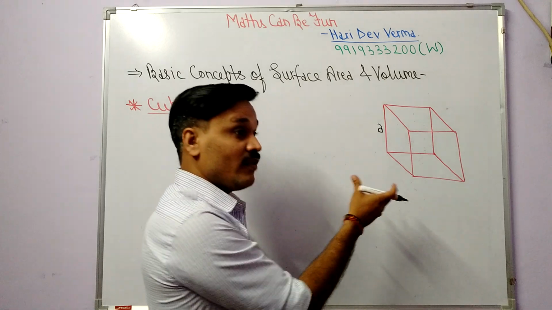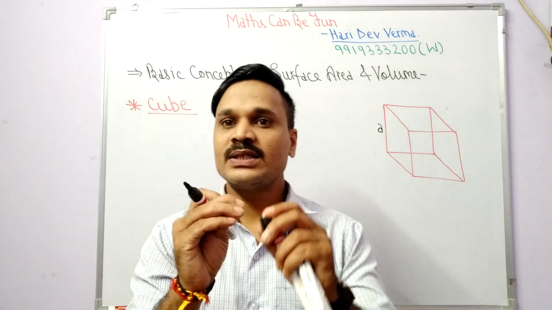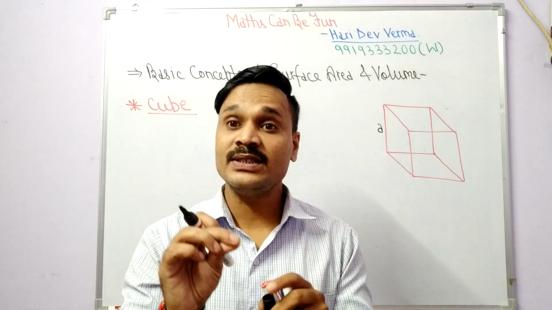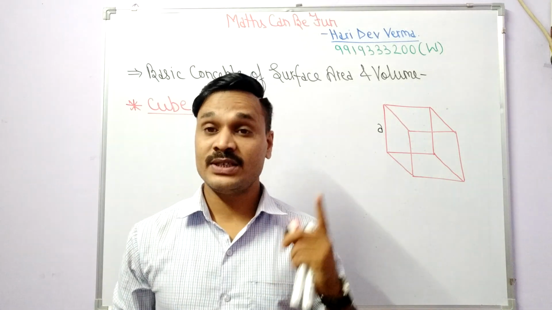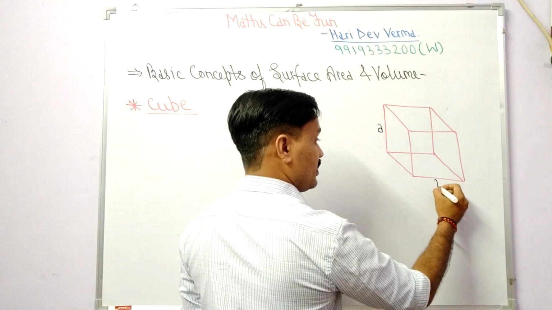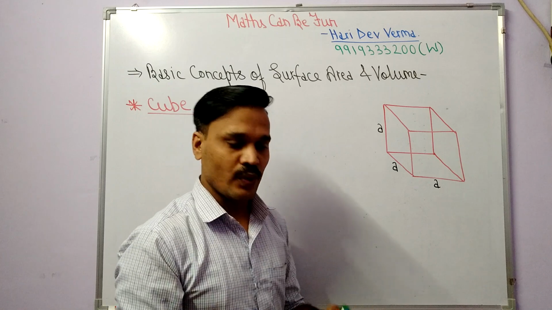Similarly, the edge of the cube, means in plane figures the length of the boundary is known as its side, whereas in solids it's known as edges. So length is a, breadth is a, and the height is also a.